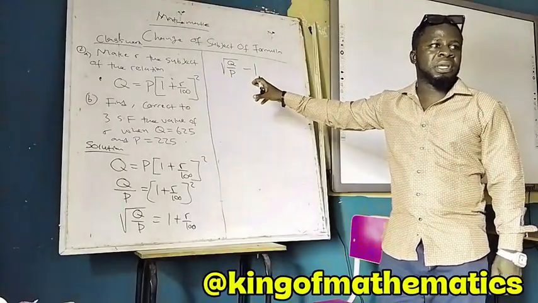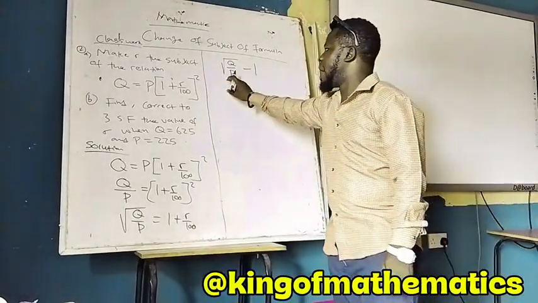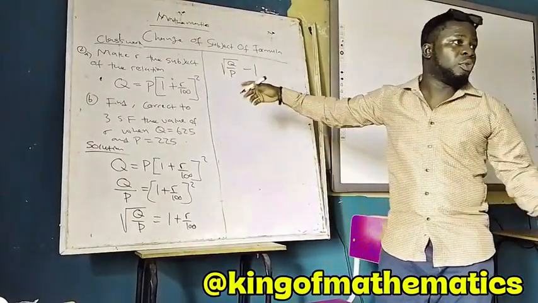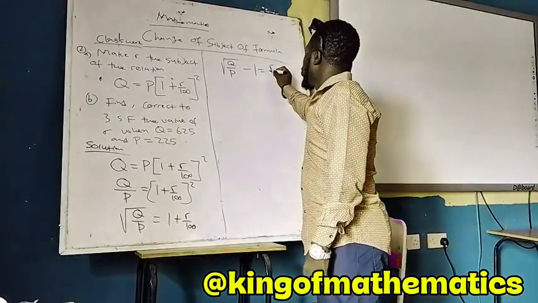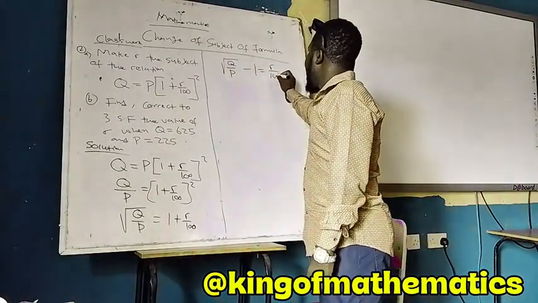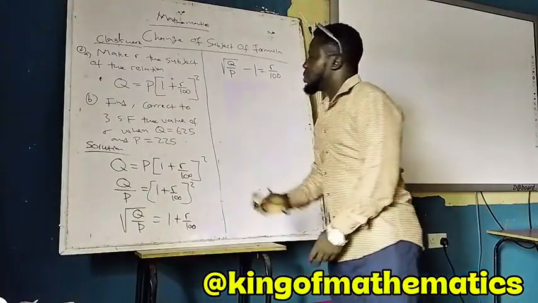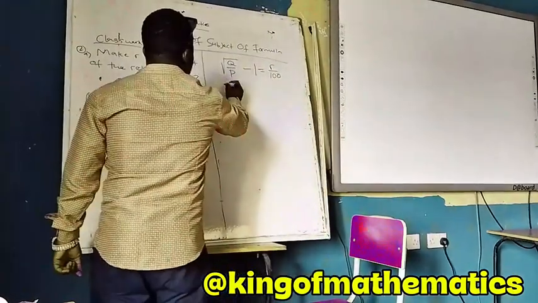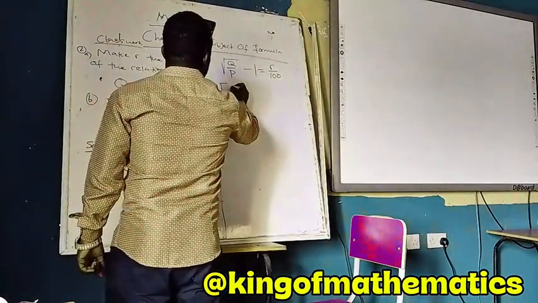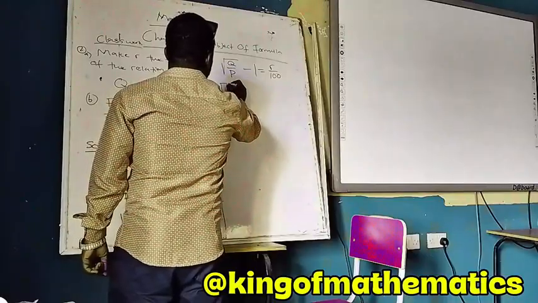Most times, students put that minus in the square root and they will use the answer at the end of it. So equals to what? R over 100. We are looking for R, so I can decide to have a general bracket. Just multiply both sides by 100.